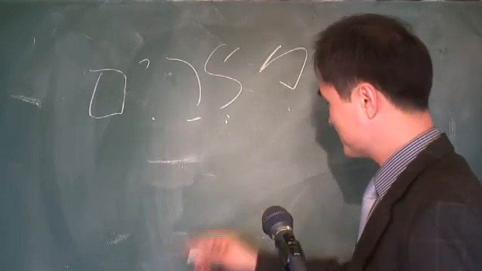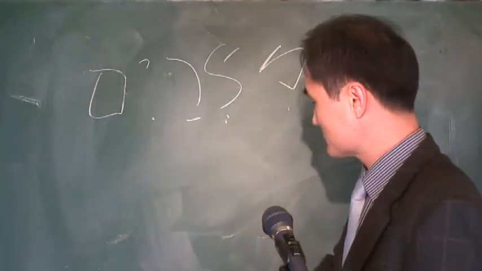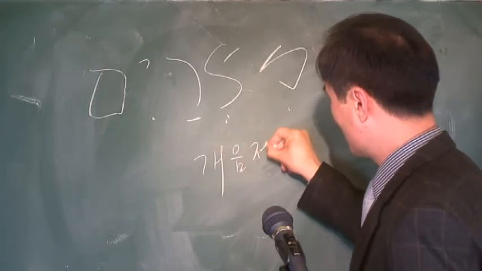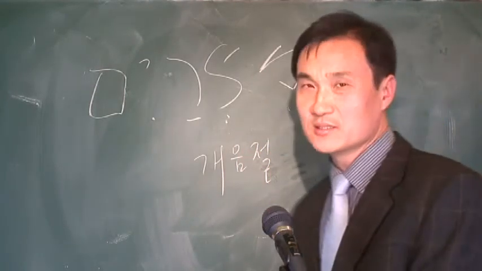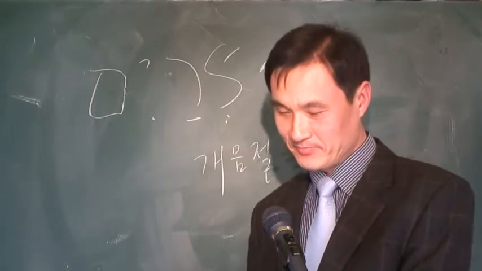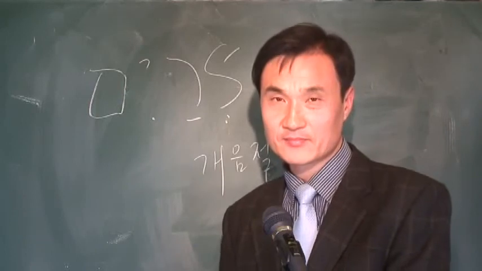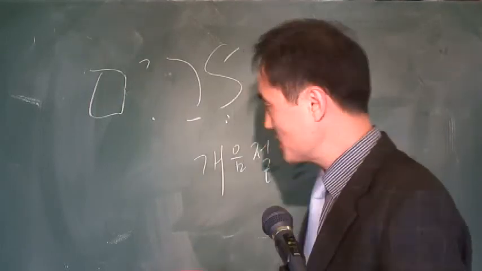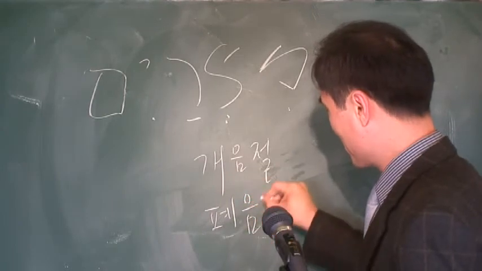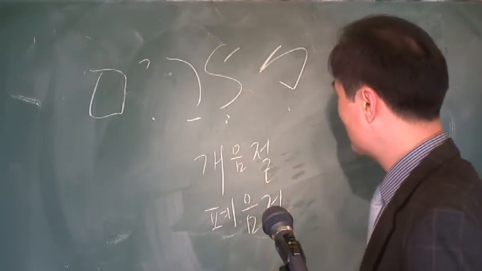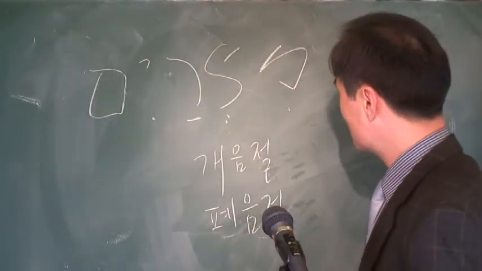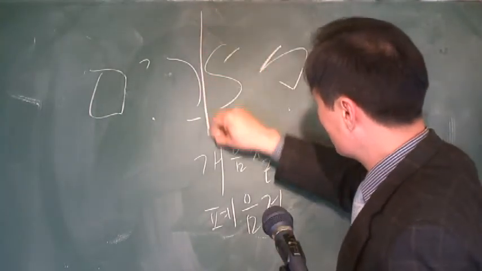We discussed that there are open syllables and closed syllables. Open syllables refer to syllables that end with vowels. Closed syllables refer to syllables that end with consonants.